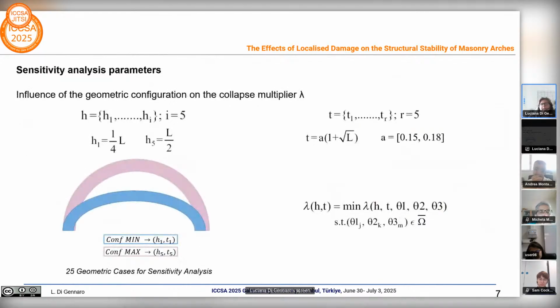The analysis focused on a masonry arch with a fixed span L, assumed to be 6 meters, while systematically varying the rise h and the thickness t. The rise h varies between a quarter of the span, where we modeled an elliptical arch, and half of the span, represented in the slide by h over 2, that represents the round arch.